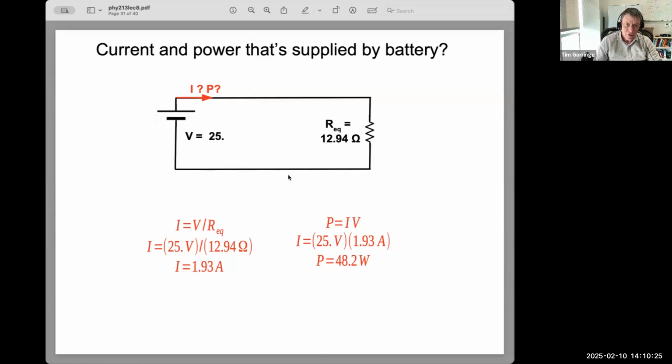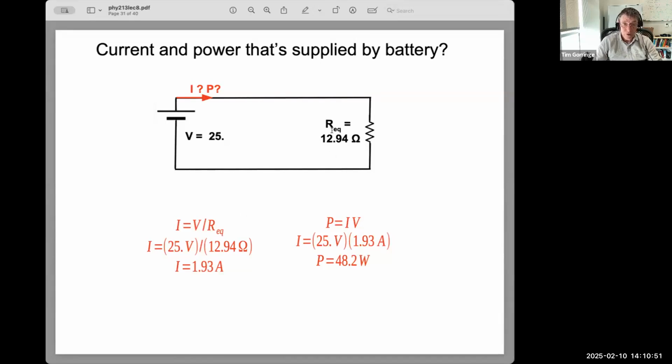Here's the equivalent circuit that I'm going to think of. It's the 25-volt battery across the terminals of the 12.9 ohm resistor. If we want the current that's flowing around this circuit, well, we can just focus on this resistor here and apply Ohm's law. The voltage across that resistor is known, 25 volts. The resistance of that resistor is known, 12.9 ohms.